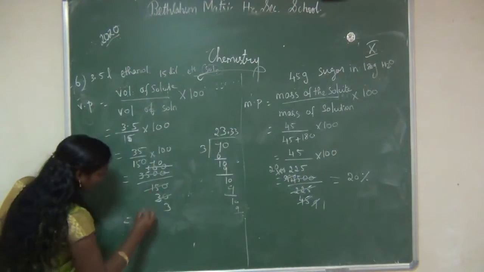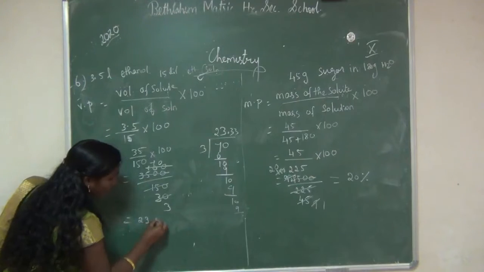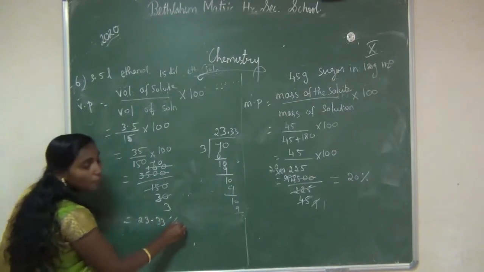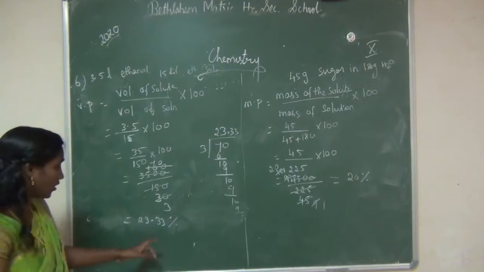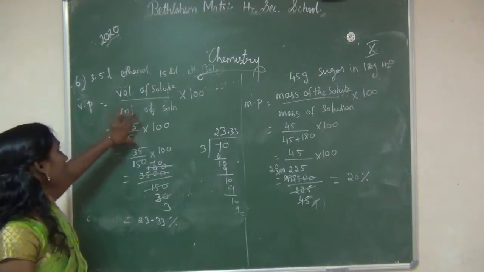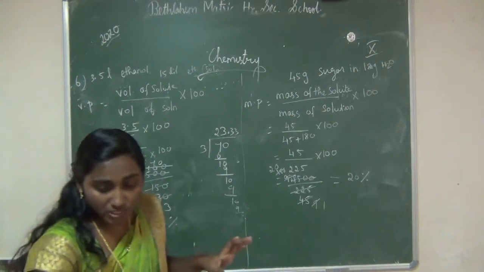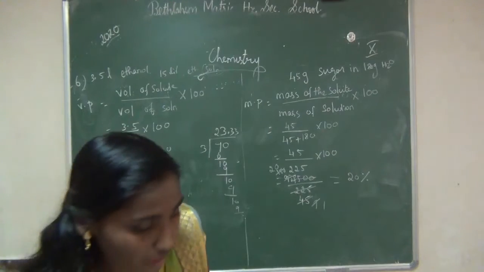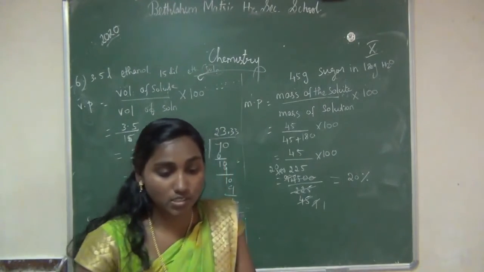So we get the answer 23.33 percent, volume percentage. Have you understood? In the first step of a problem, you should write the formula for 1 mark, so don't omit writing the formulas.